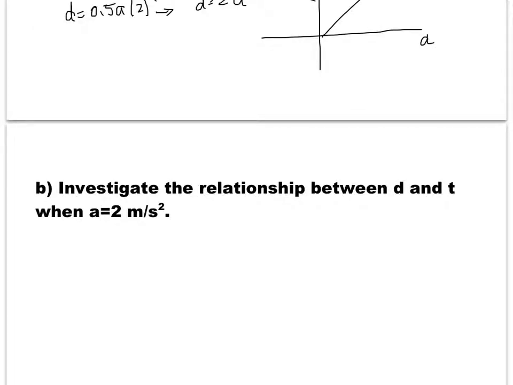The next part of the example asks us to find the relationship between d and t when a is equal to 2 meters per square second. Remember that the equation was d is 0.5 at squared. Now if a is 2, we get d is 0.5 times 2t squared, which is t squared.